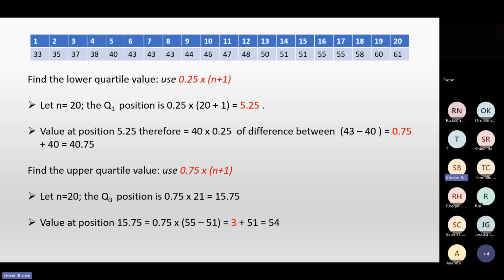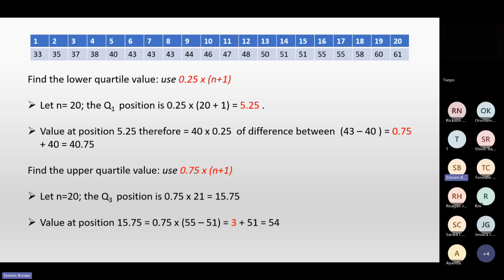So now you're going to say, what is the difference between 43 and 40? And I'll explain why I'm doing this after I've done the calculation. The difference between 40 and 43 is 3.